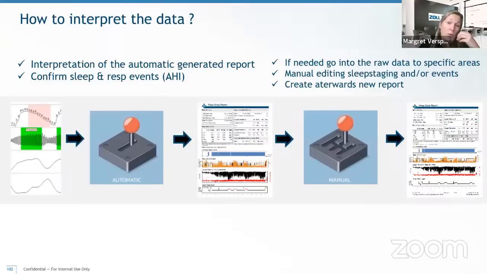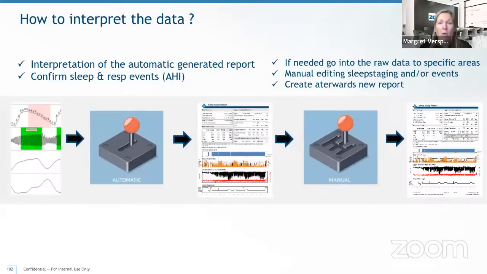We talked about how to detect apnea hypopnea events. We talked about how to detect sleep staging with the WatchPAT. So we can get a lot of information out of it. What we do when we upload the data from the WatchPAT 1 device is that an algorithm scores all the data and creates a report.